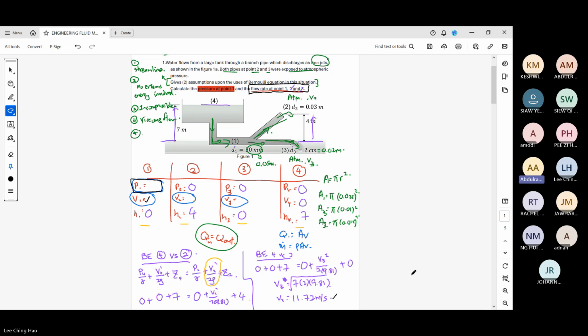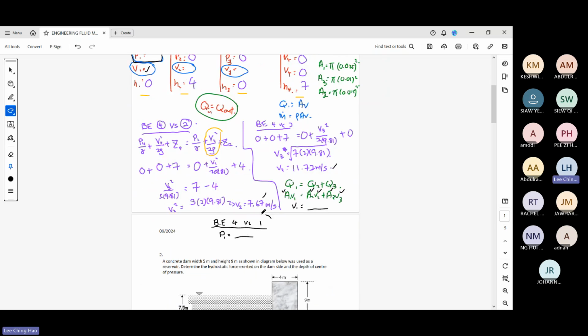Sir, can you just repeat what was the last step? Okay, last step, as in you are looking for P1, right? Yeah. So if you are looking for P1, now you use the Bernoulli equation again, because now you have all the information except P1.